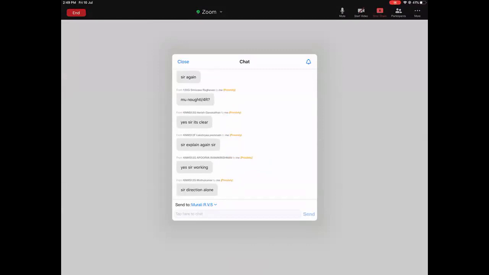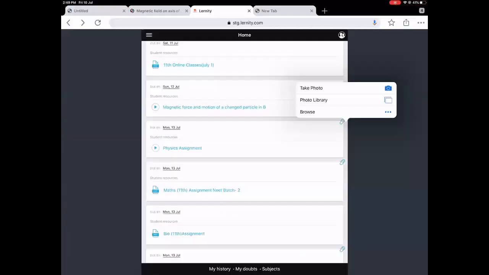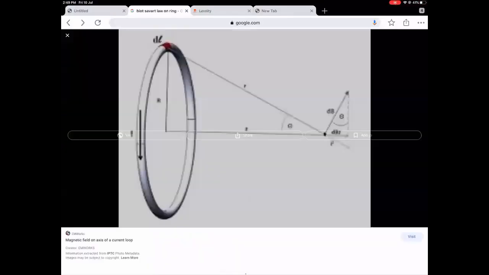Direction alone. Hold the wire with your right hand. Fingers point in the direction of the magnetic field. I showed you a beautiful drawing also. Here, I will show you an even better drawing.